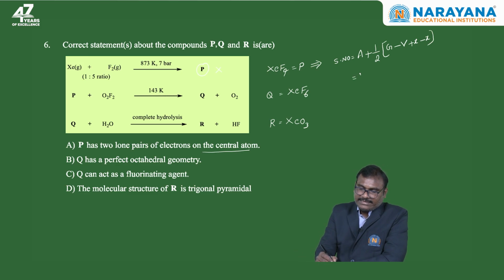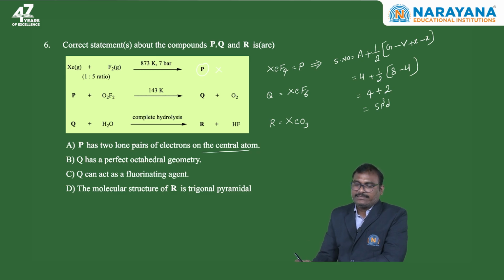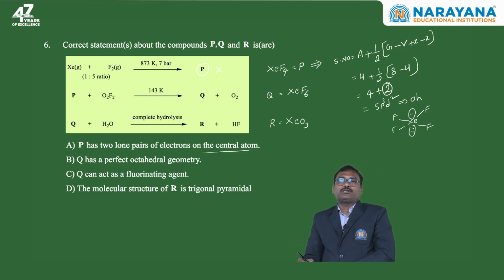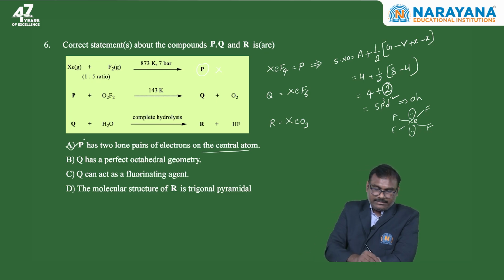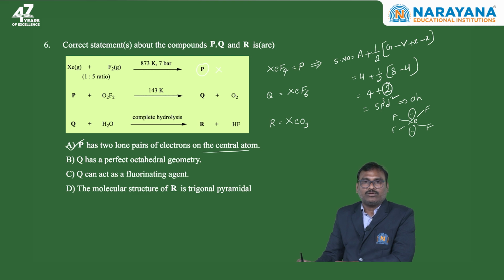For XeF4, 4 fluorines plus half into group number of xenon 8 minus sum of valencies, that is 4, plus 2, that means it has sp3d2 hybridization, octahedral geometry, but due to the two lone pairs it gets a square planar shape. Yes, there are two lone pairs on XeF4, that is P according to the question.